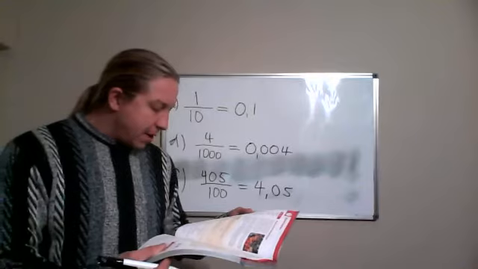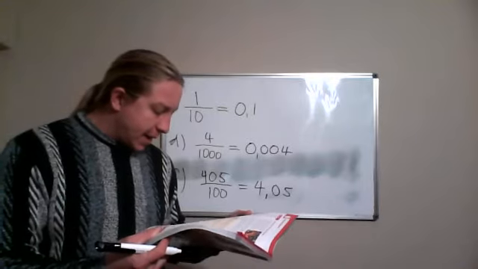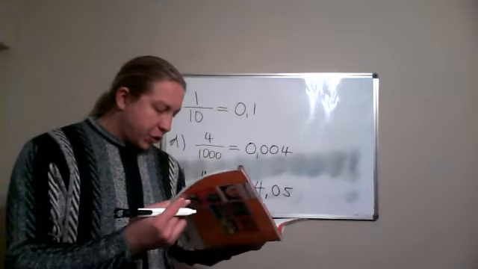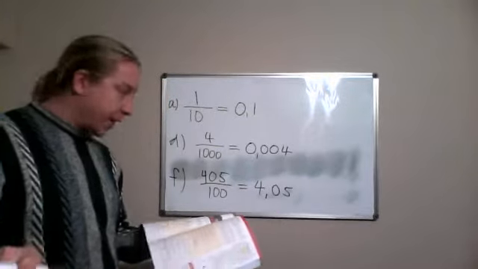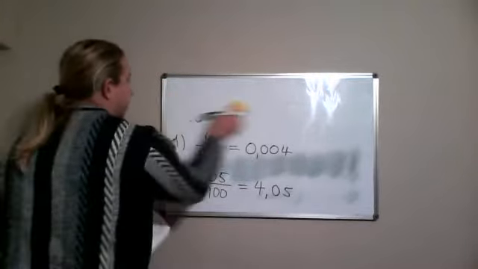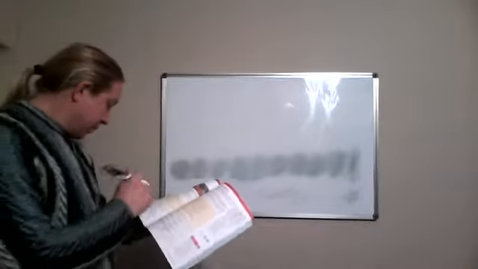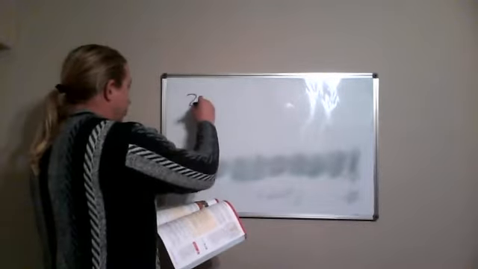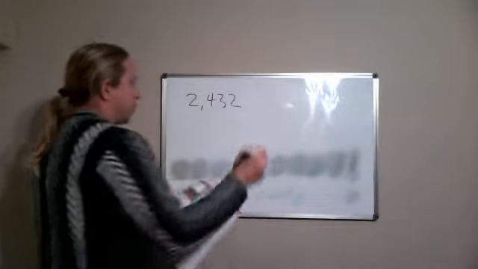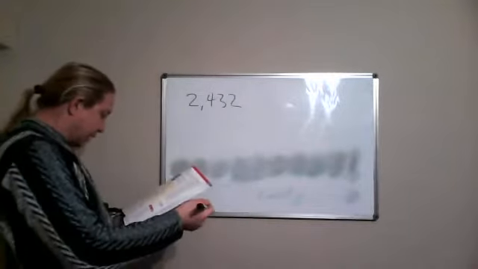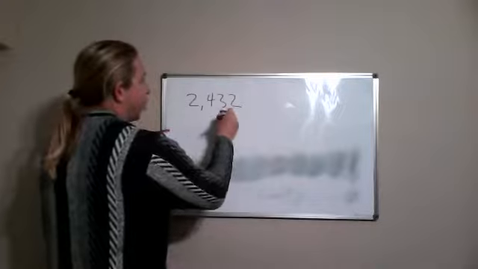Write down the value of the digit in color as a decimal fraction. Okay. So we want a decimal fraction. Okay, so we have 2.432. Okay, now the digit in color is this 3 over there.